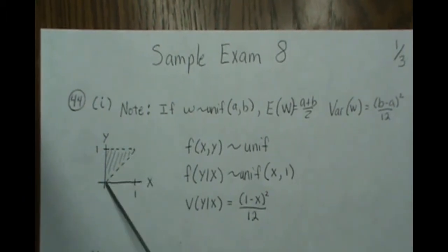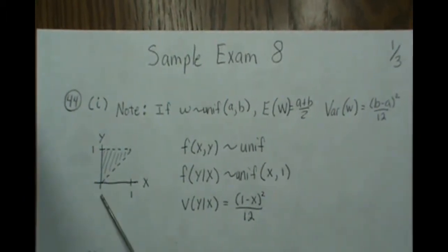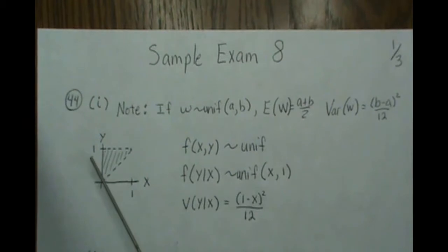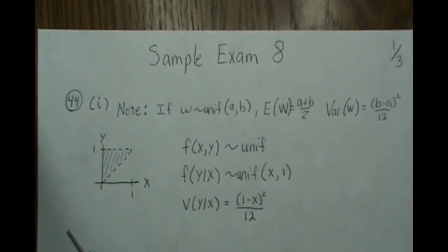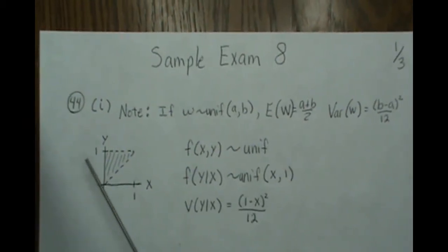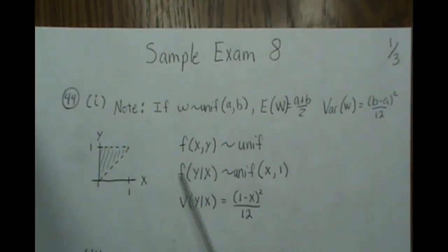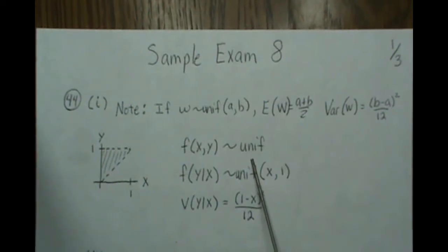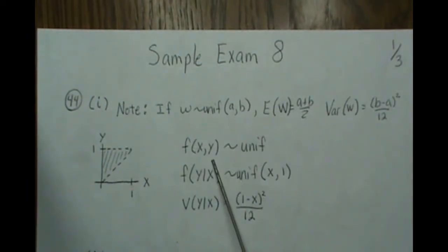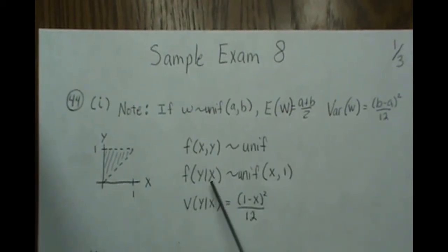This is our region, and it's constant. So f of x, y is 2. It's a flat density over this. It's uniform. And if that's the case, then any conditional, Y given X or X given Y, is also uniform.